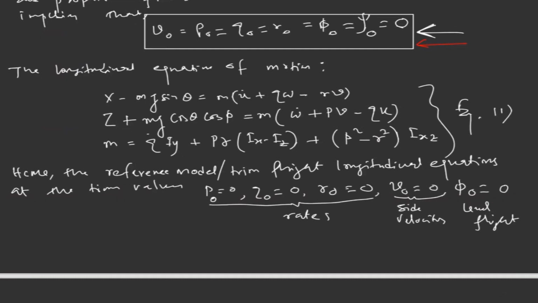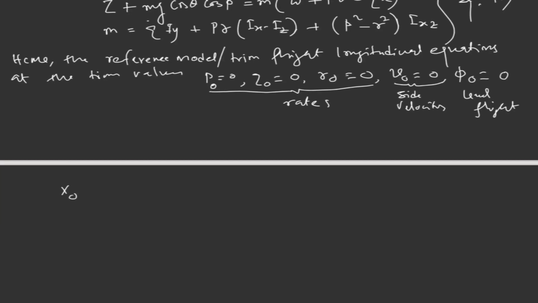So under this condition, equation number 1 is written as X naught minus mg sin theta naught equal to m u naught dot, and Z naught plus mg cos theta naught equal to m w naught dot, and the total moment along the y-axis should be 0.